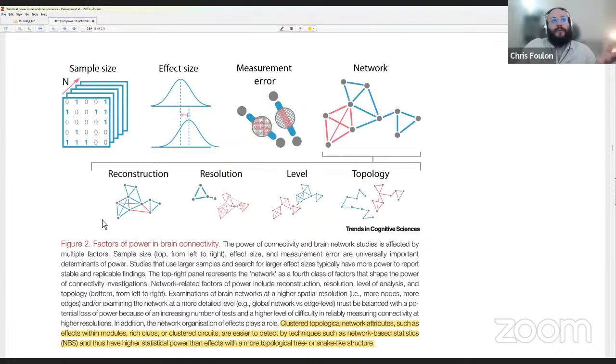The threshold can greatly affect the statistical power because it's going to remove some of the connections that might actually be relevant, and also mix up real connections with connections that don't exist. Because if you remove a connection because of your threshold, that doesn't mean that the connection doesn't exist. That might mean that it's just weak compared to other connections.